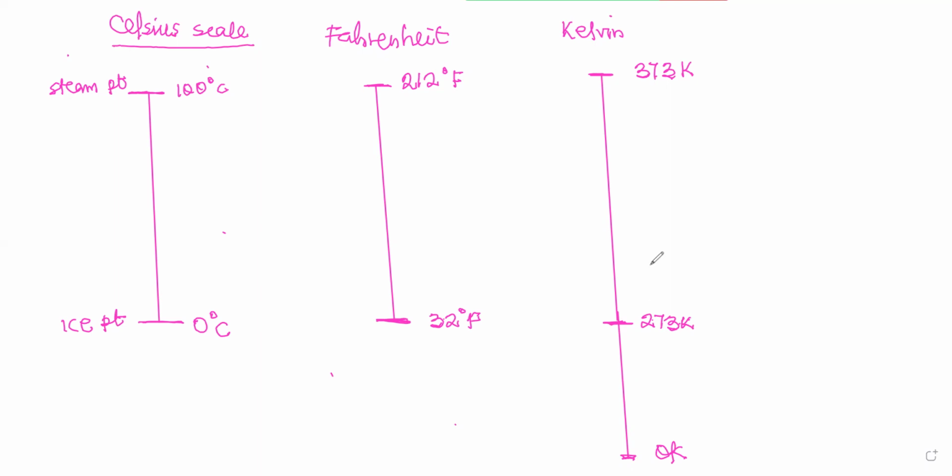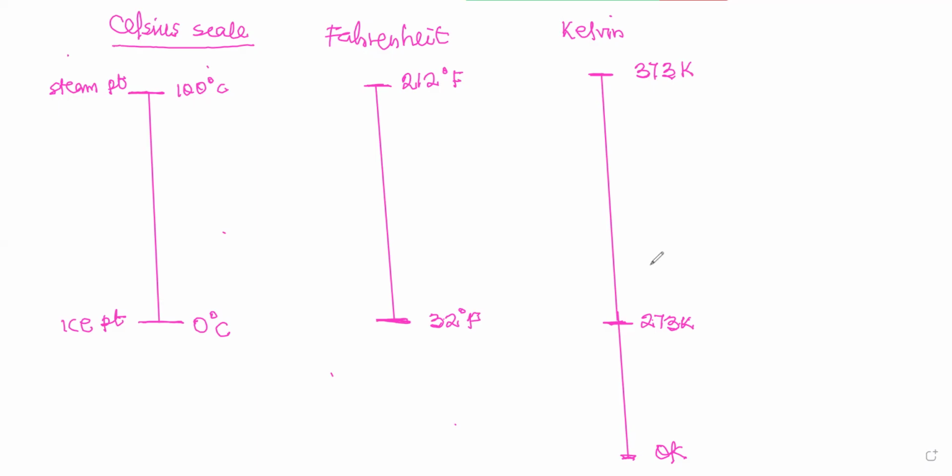Why 0 K? The 0 Kelvin is there because we can increase the temperature of a body to any limit, but we cannot lower the temperature of a body to any value.